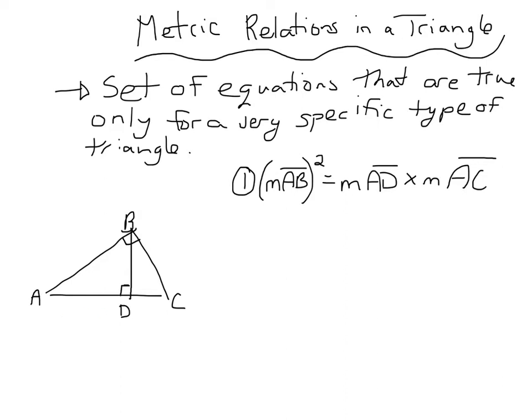Second equation. The measure of BC squared equals the measure of CD times the measure of AC.